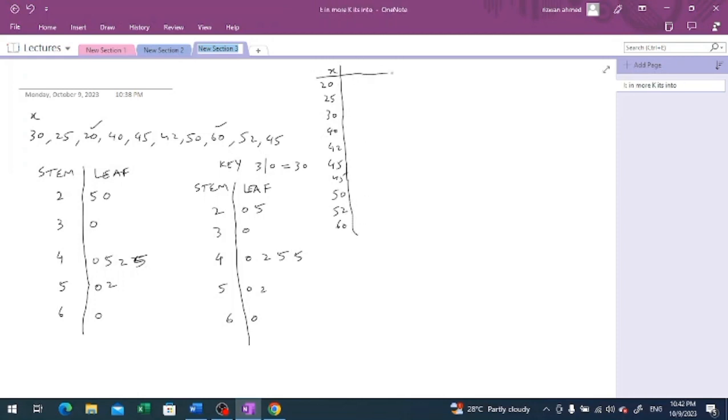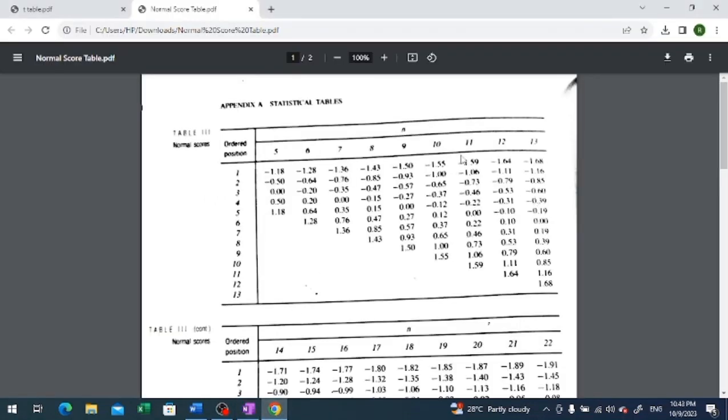Now what we do, we copy down the normal scores as per the number of observations, which is 10 over here in our case. So we go to the normal scores table. We choose the normal scores provided in the 10th column, because we are given 10 observations in the data, starting with minus 1.55, minus 1, minus 0.65.